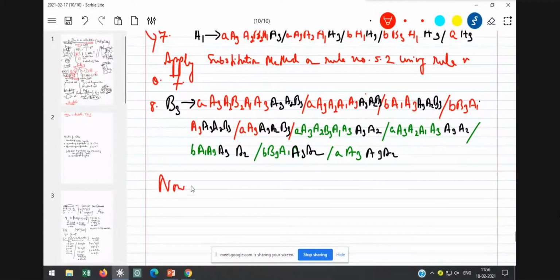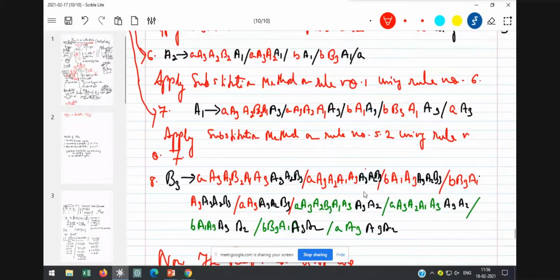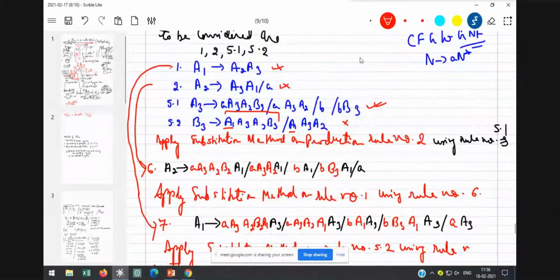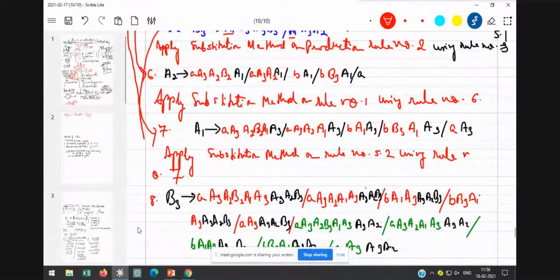Now the required GNF. Let me use this: 5.2 has now become the GNF form in this one.